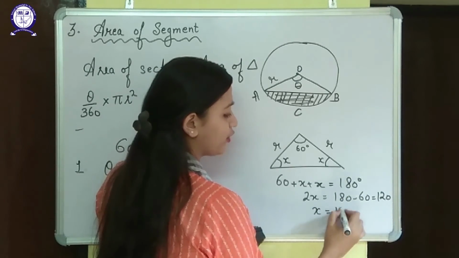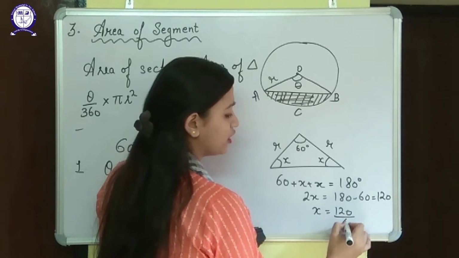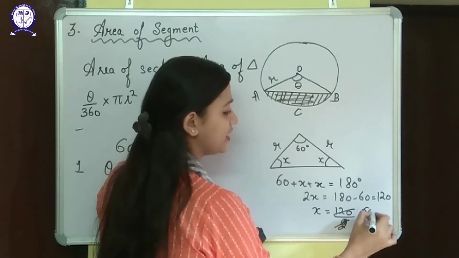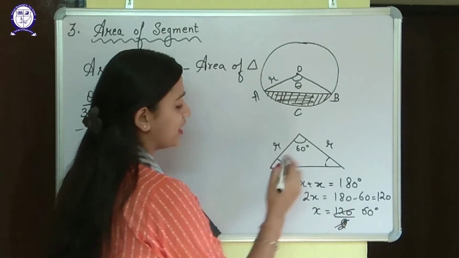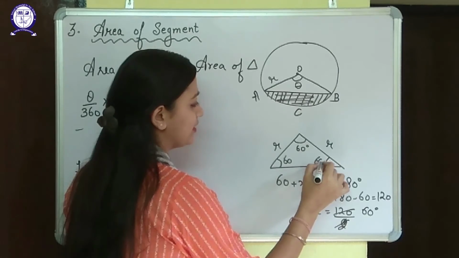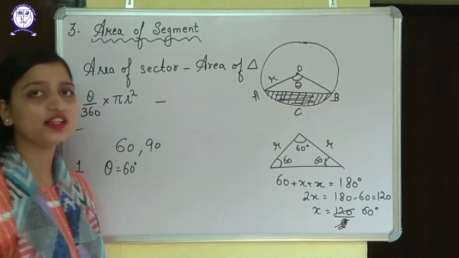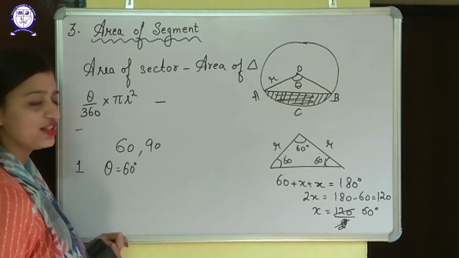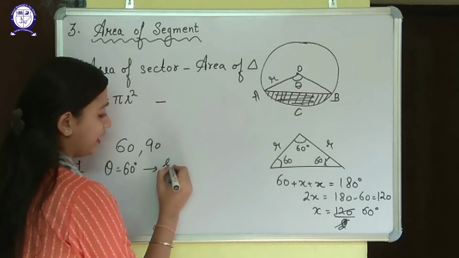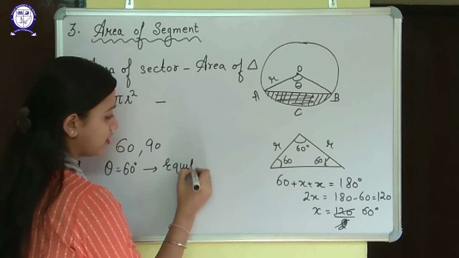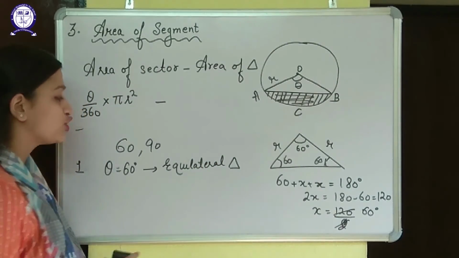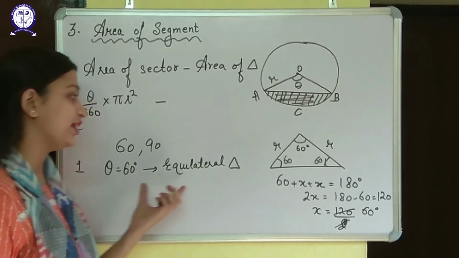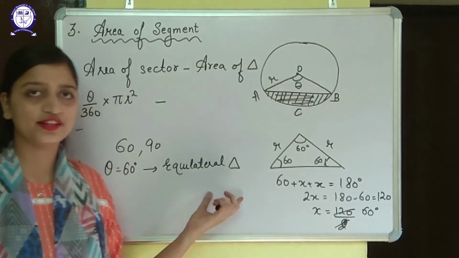So x will be 120 upon 2, that is 60 degrees. It means that all the angles of this triangle are 60 degrees, and if in any triangle all the angles are equal, that is 60 degrees, then this is an equilateral triangle.